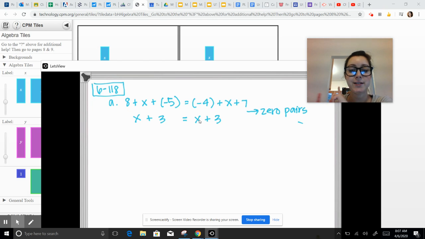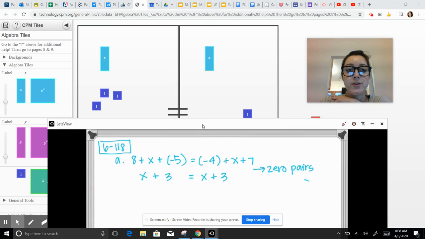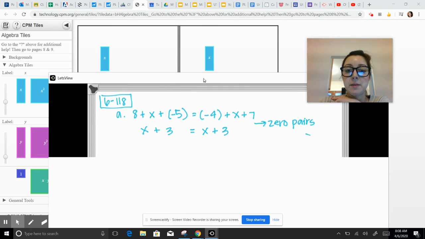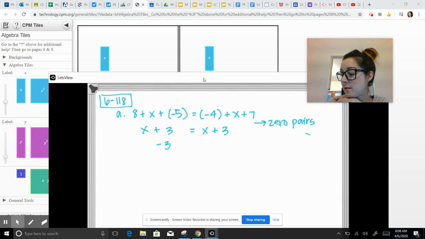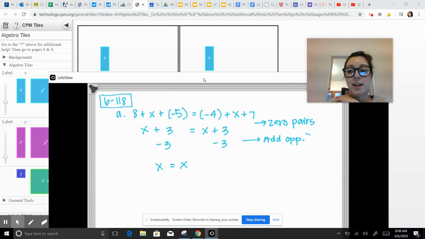Now you're starting to see something funny is happening. If we add the opposite of the 3's, then that turns into x equals x. And technically, we can also add the opposite of x, and that would leave us with 0 equals 0.